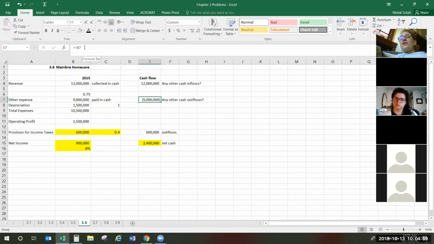So when you're doing your cash flow, you need to take your depreciation out. So essentially then you've got the 12 million in revenue or inflow, 9 million in outflow, and then you have your taxes, right, that you have to pay. That's an outflow. So then what's your net cash? It's going to be inflow less all expenses except depreciation, and your taxes. And that's what your net number should be.